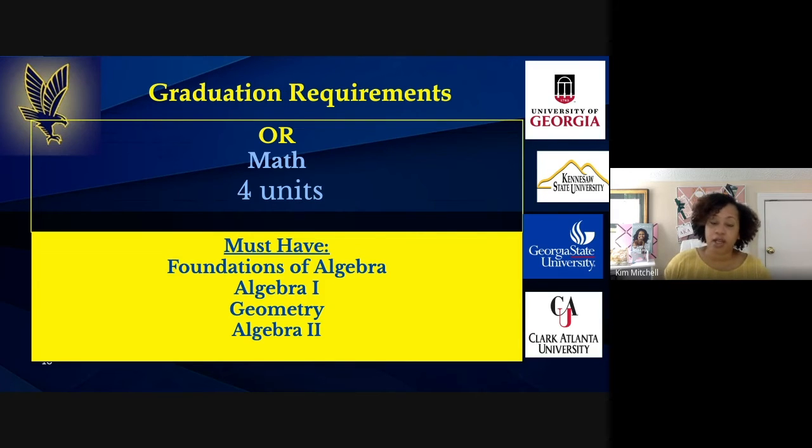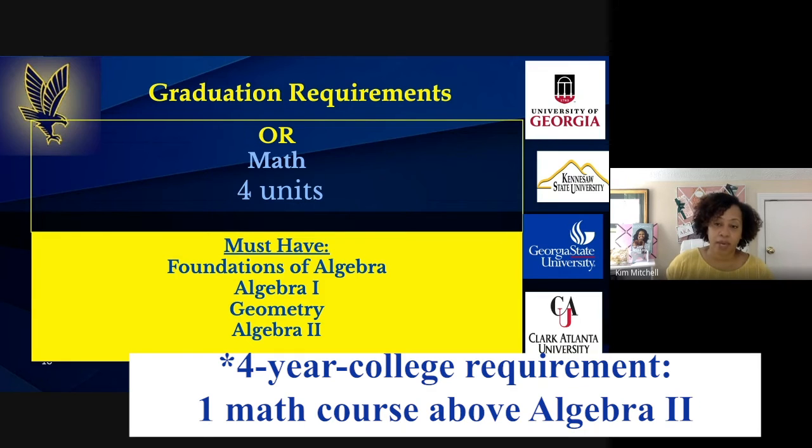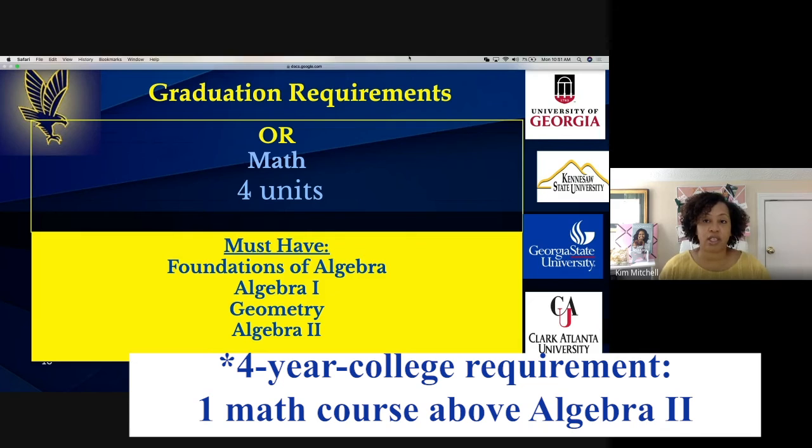However, if you started out with foundations of algebra and you plan to leave high school and go straight to a 4-year college or university, you more than likely have to take 1 additional math like that AMDM or pre-cal, because a lot of 4-year colleges, although they recognize the foundations of algebra, want you to have 1 course above algebra 2. So again, that's a question we can talk more about with your counselor, or you would need to check with the advisor for the college that you're planning on attending.